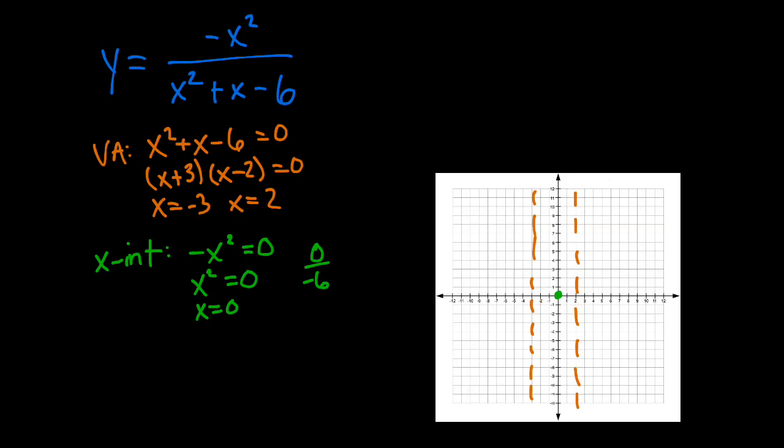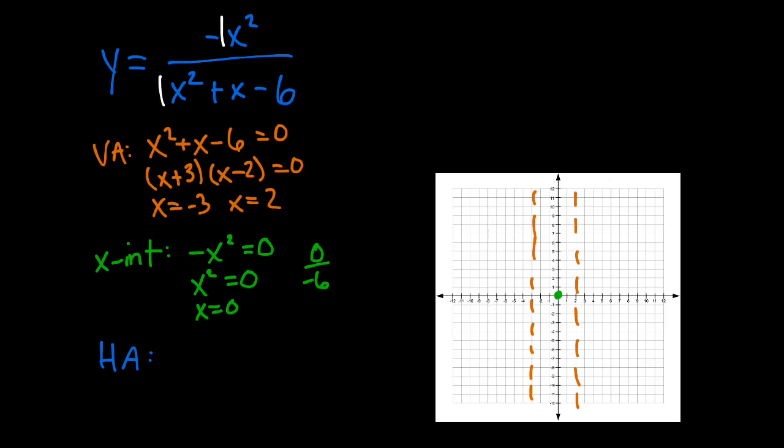Next case, we've got negative x squared over x squared. So again, we don't care about these. All we care about is the degree, so the highest power, the terms with the biggest exponent. Here we have the same degree on top and bottom. So we consider the leading coefficients. On top we really have a negative 1 x squared, and on bottom that leading coefficient is a 1 x squared.